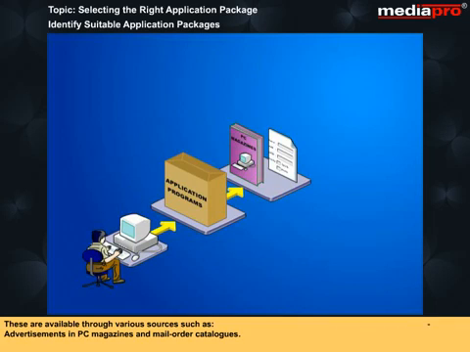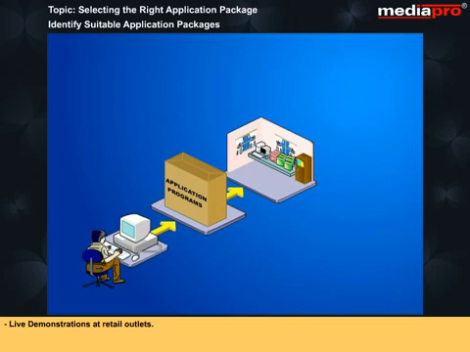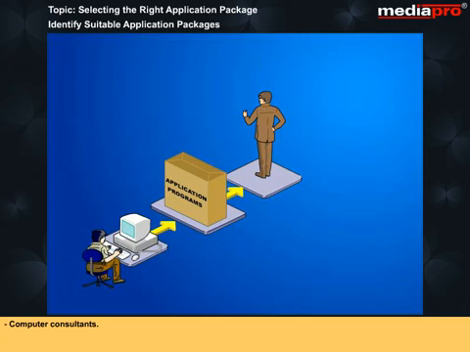These are available through various sources such as advertisements in PC magazines and mail order catalogs, software reviews in PC magazines and review booklets, live demonstrations at retail outlets, demo discs from vendors and magazines, vendor directory cum software catalogs, computer consultants, shareware programs.